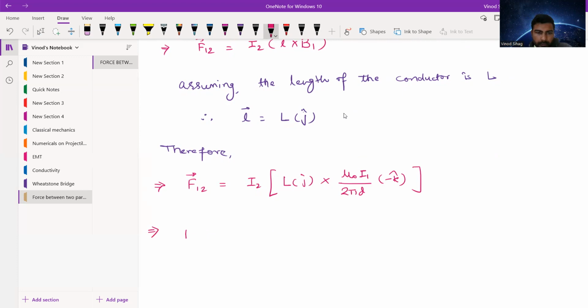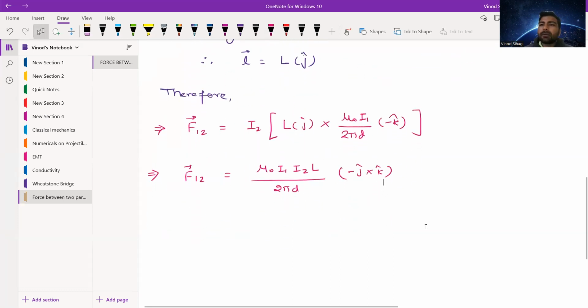Now the force F12 vector will be nothing but, whatever is constant we can take out from the bracket. So we can write here mu naught I1 I2 into L upon 2 pi d. And what is inside the bracket? It is j cap cross k cap, with the minus outside, so minus j cap cross k cap.